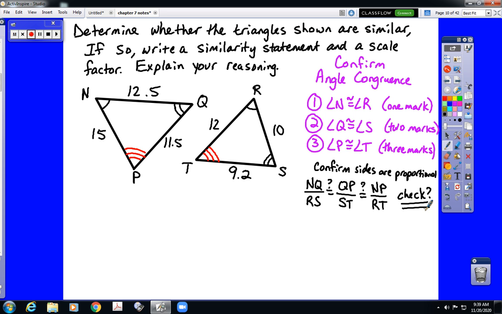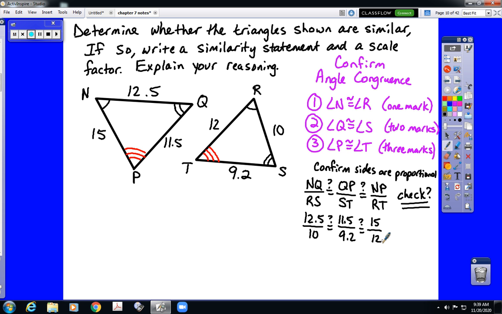So we plug in the side lengths. 12.5 is NQ over 10. We're asking ourselves, does that equal 11.5 over 9.2? Does that equal 15 over 12? And it's as simple as we actually divide these to see if they're equal.